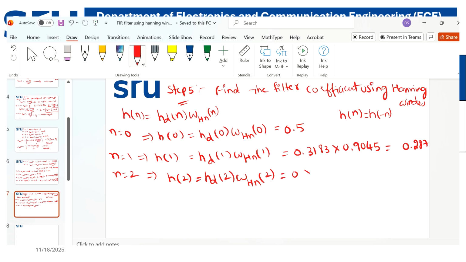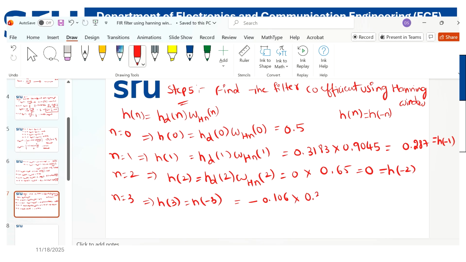So the value will be 0 into 0.65 is equal to 0, is equal to h of minus 2, and this value is equal to h of minus 1. If n is equal to 3, h of 3 is equal to h of minus 3. Again multiply the coefficients in both the terms, then you will have minus 0.106 multiplied by 0.345 is equal to minus 0.0365. At n is equal to 4, similarly at n is equal to 5.